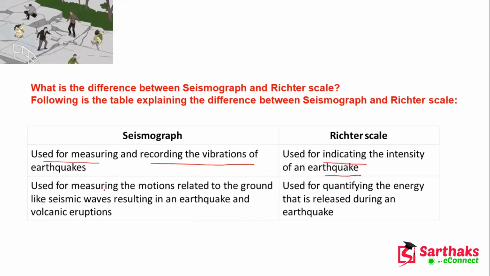Seismograph is used for measuring the motion of the ground, like seismic waves resulting from an earthquake and volcanic eruption, and Richter scale is used to quantify the energy that is released due to the earthquake.